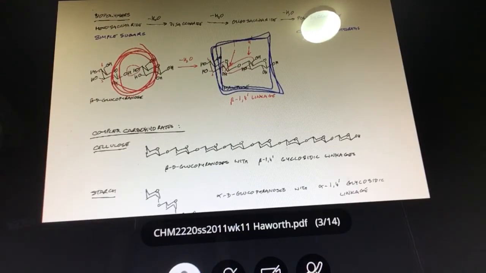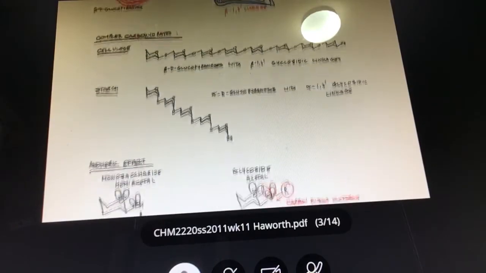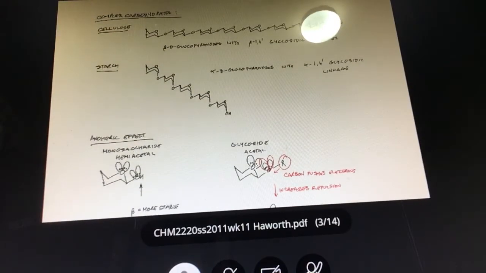Those disaccharides conglomerate into making oligosaccharides, and then they conglomerate to make big complex carbohydrates called polysaccharides. And when we look at the world of polysaccharides, there's several different forms of both of these, but the two big ones for glucose are cellulose and starch.